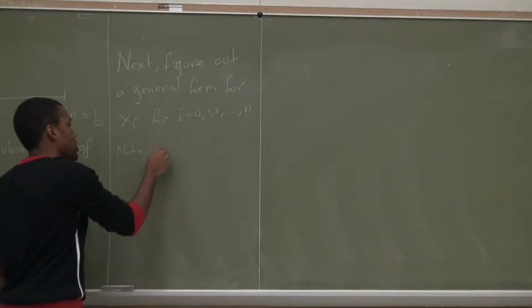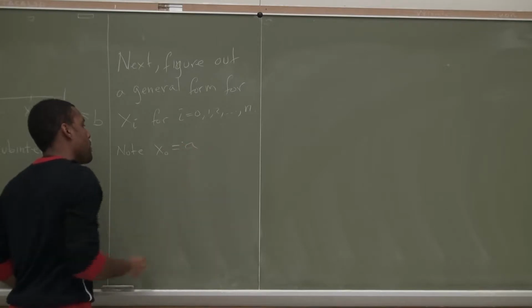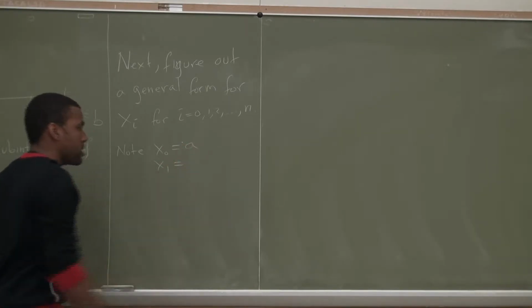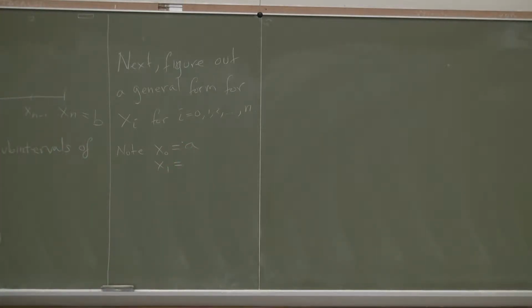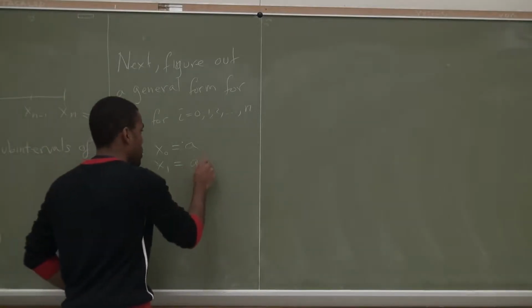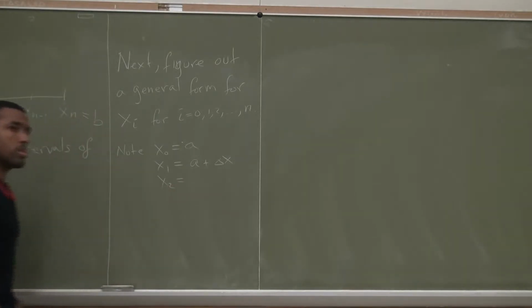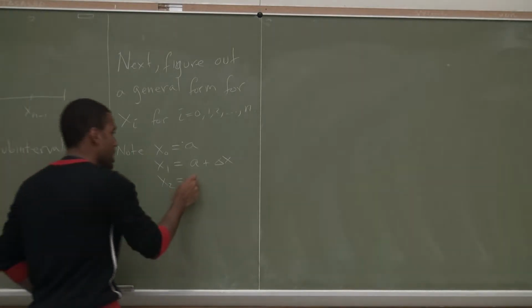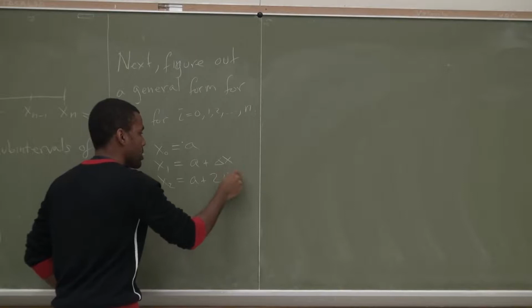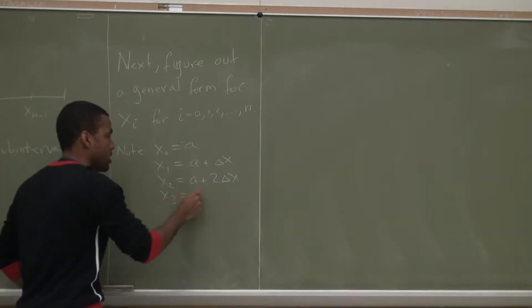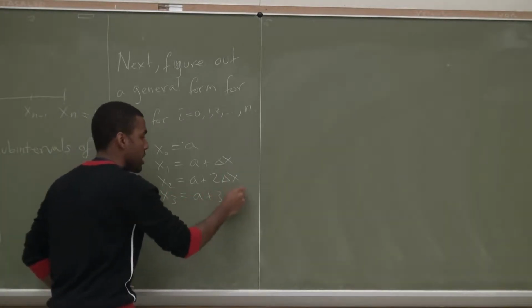Note x0 is just a. How would I get to x1? You take a and add delta x, so x1 is a plus delta x. And x2? You start at a and add 2 delta x. Similarly, for x3, you start at a and add 3 delta x.